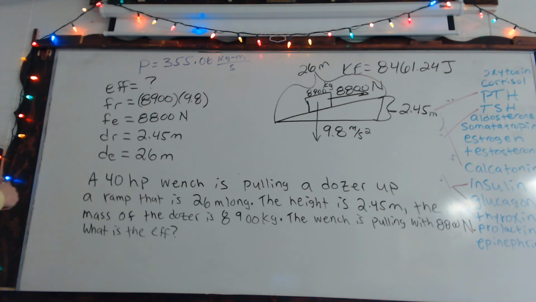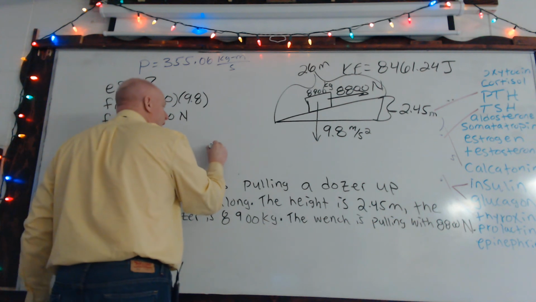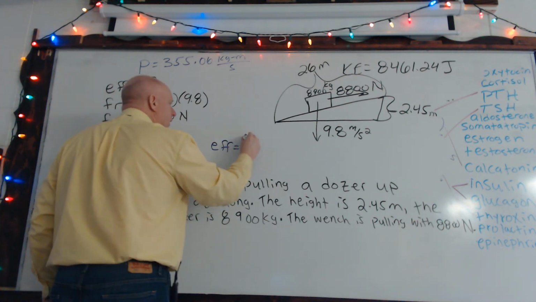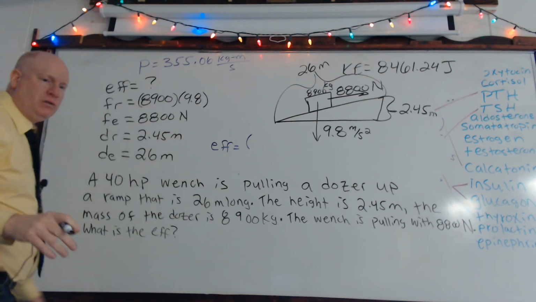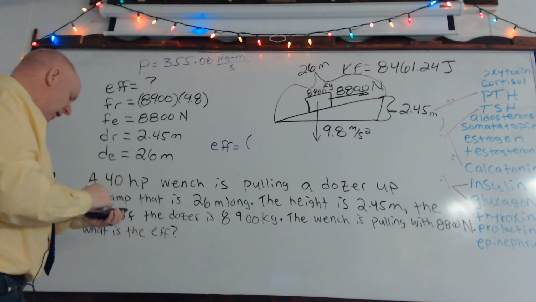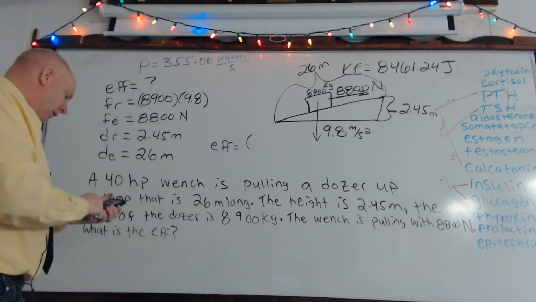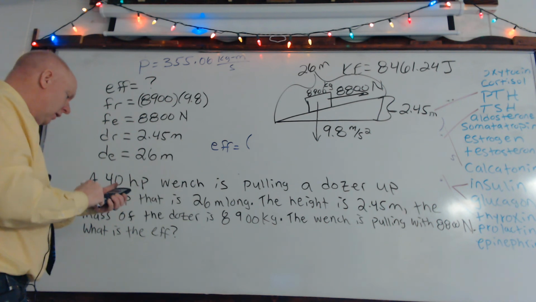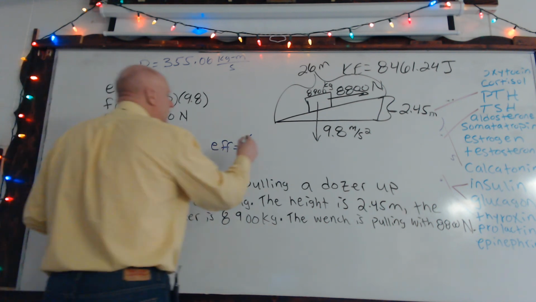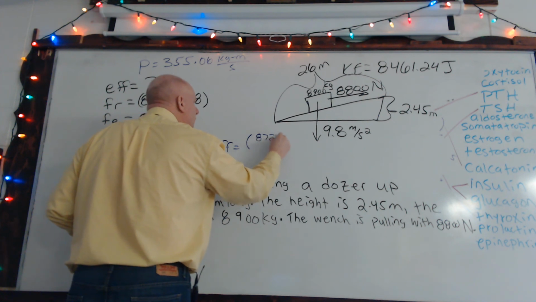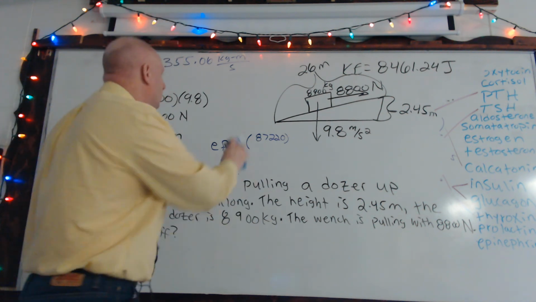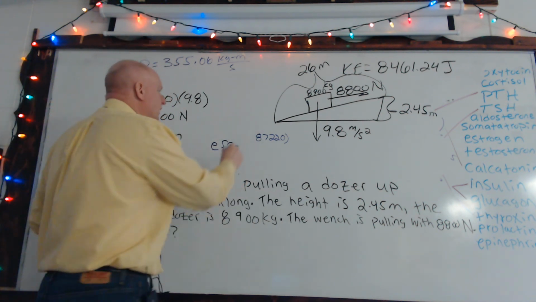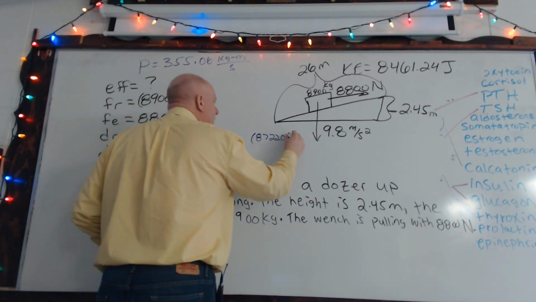So now what we need to do is do what the formula tells us to do. And that is the efficiency equals the resistance force, which we haven't calculated yet. We can do that right quick by taking 8,900 times 9.8. That gives us 87,220. Okay, and it's also times the resistance distance, which we had said is 2.45.